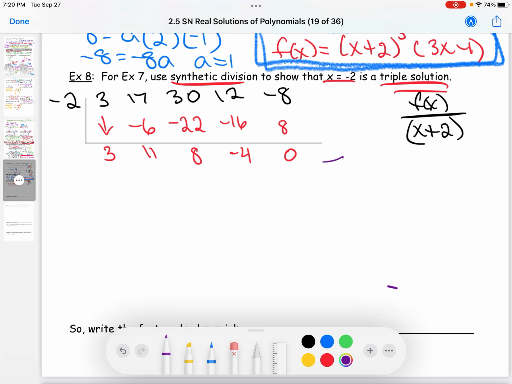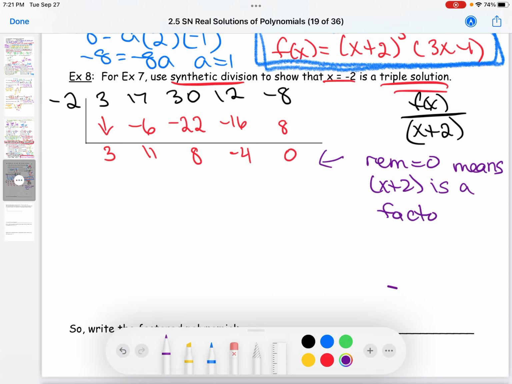Now, believe it or not, we were expecting that 0. Because this remainder of 0 means x plus 2 is a factor, which we've known about that rule for a few lessons. Right now, it means that it's a factor one time because we divided out and got a remainder of 0 one time.